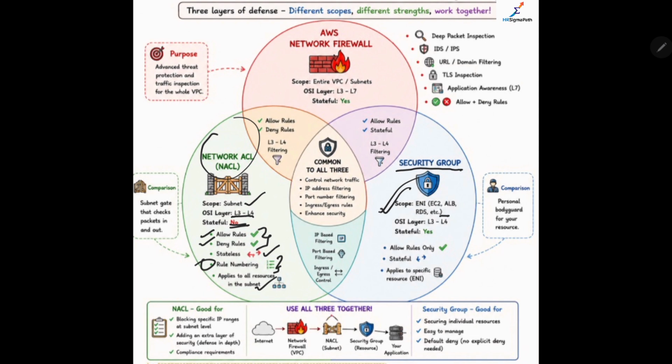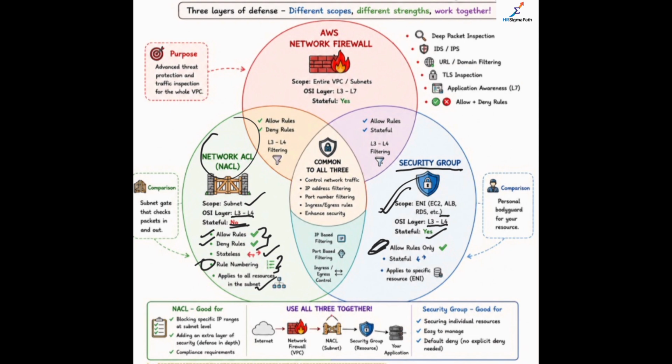Security groups operate at OSI layers 3 and 4. However, they are stateful, so return traffic is automatically allowed. Notice another important difference: security groups support only allow rules. Anything not explicitly allowed is automatically denied, making them simple and secure by default.